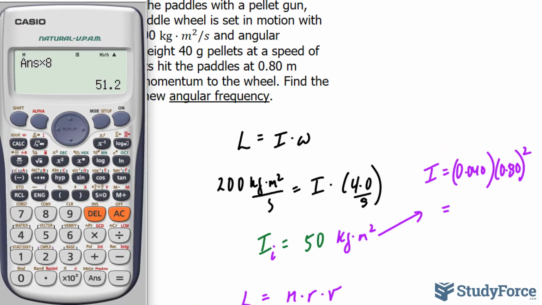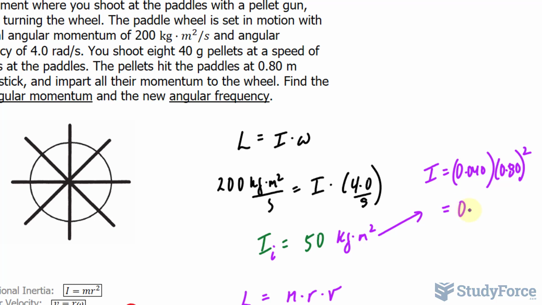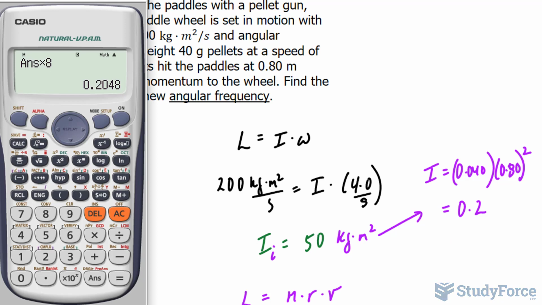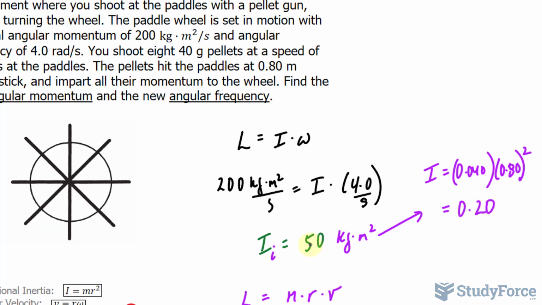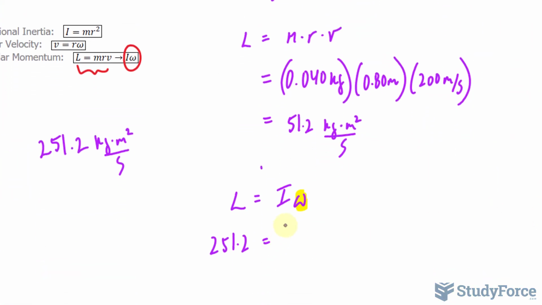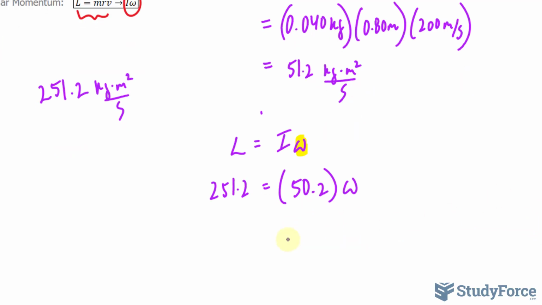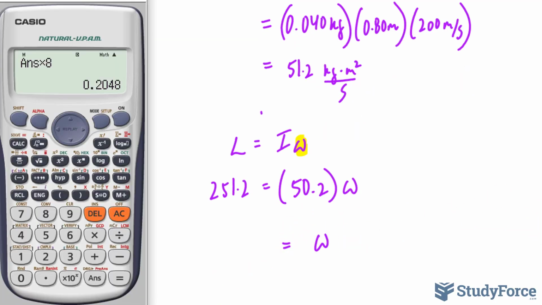Then whatever we get here, we multiply it by 8 because of the impact of 8 bullets. So I'll take this, multiply it by 0.80 to the power of 2, and multiply that by 8, and we get a value of, let's say, 0.2. And if we want this to two significant figures, we can write down 0.20, add it to 50, and if you add those together, you get 50.2. Now we can solve for omega, which is our brand new angular velocity or frequency.